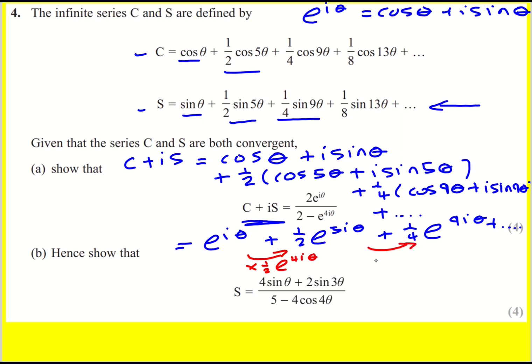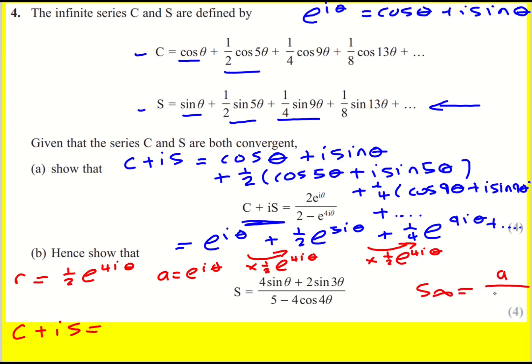We've got ourselves a geometric series. So the common ratio is a half e^(4iθ). The first term is e^(iθ). Therefore, for C plus iS, we can now use the sum to infinity formula.